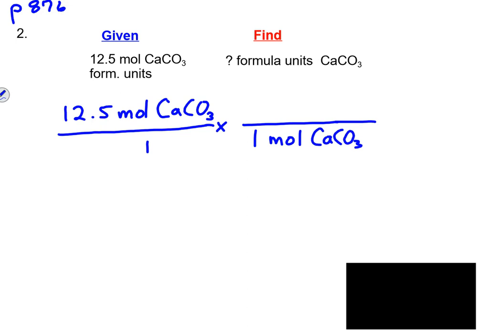Not a molecule, because calcium carbonate is an ionic compound, so this is a formula unit. The Avogadro number is on top: 6.02 times 10 to the 23rd calcium carbonate formula units.